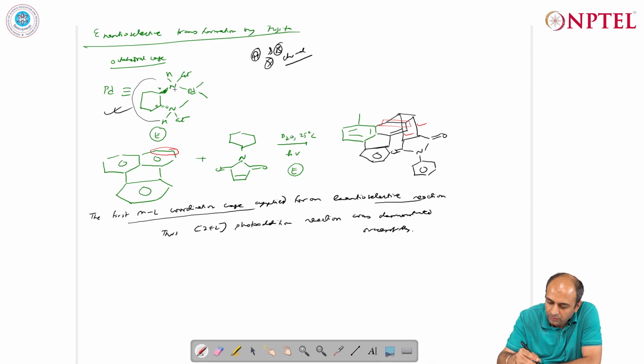Because of the presence of the chirality in this fragment, the overall cage gives the necessary chiral environment. This is the first example of a coordination cage applied for an enantioselective reaction, and it allows for the 2+2 cycloaddition reaction using this set of reactants.